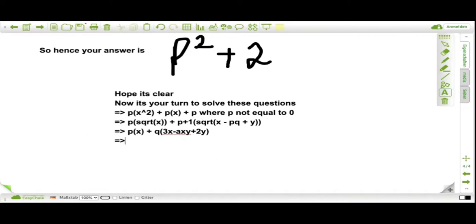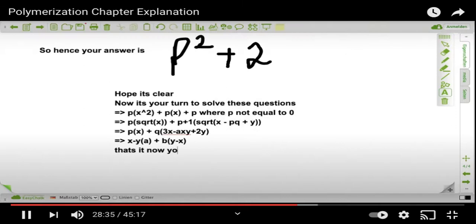So once again in this problem you take it as q of 3x minus q of xy plus q of 2y. Now take v as those values, substitute on that formula, then on the equation, then try it. And then you should get some expression.